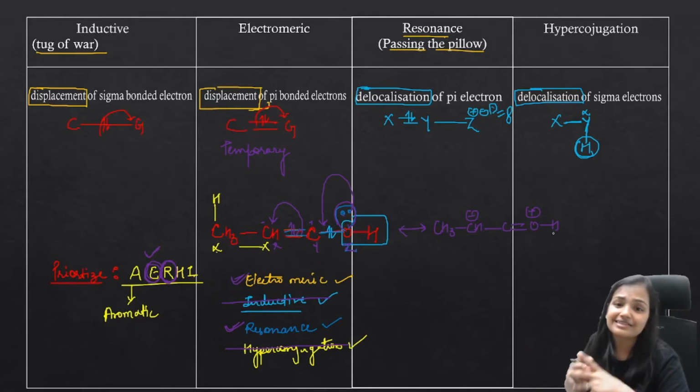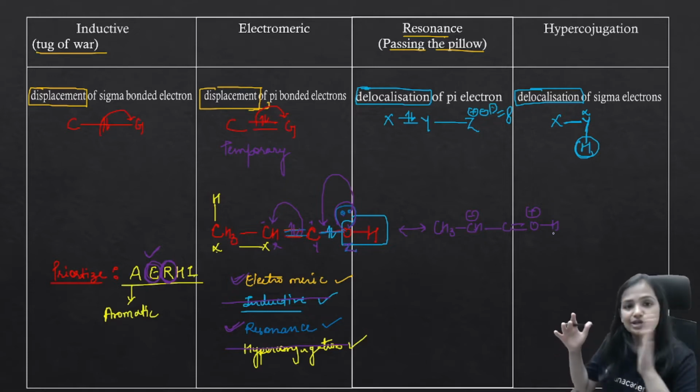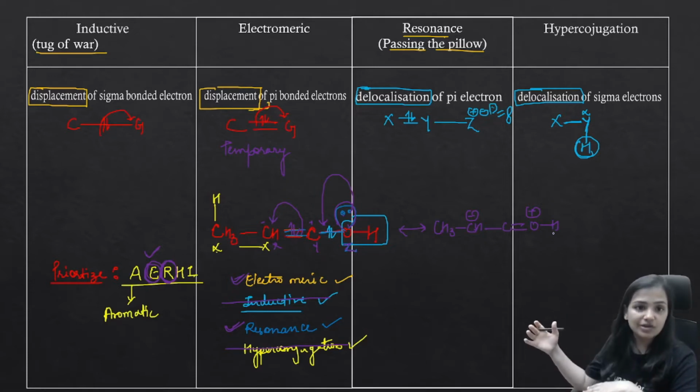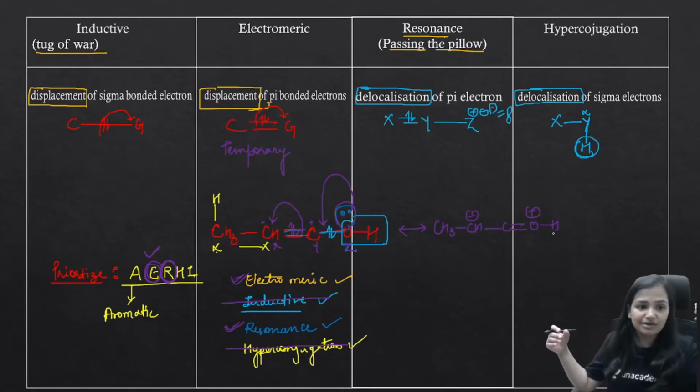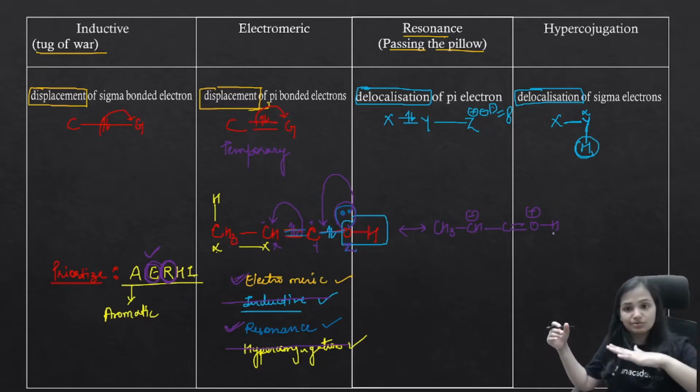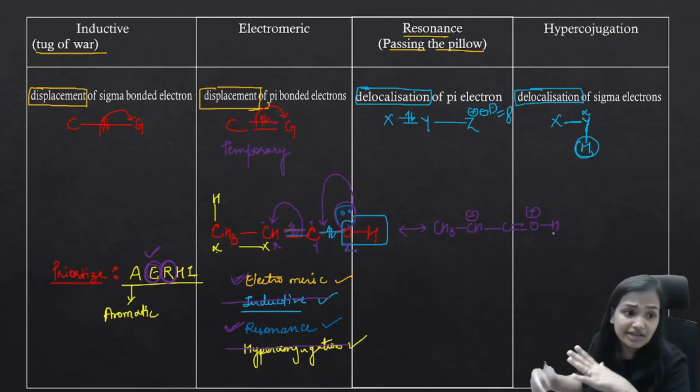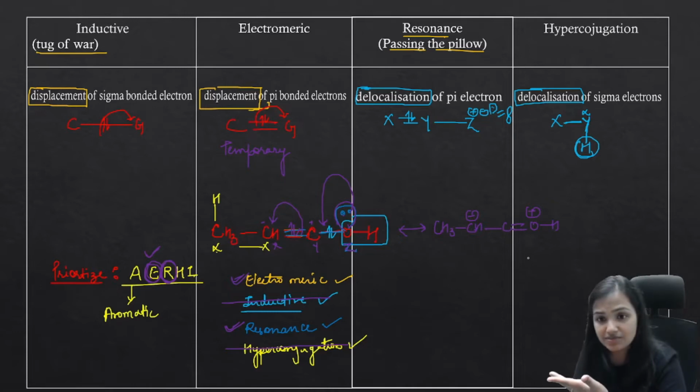So guys, this is it for today's class. I wanted to tell you about the difference between all these things. If you just focus on the definitions, which is the effect of a sigma bond, which is the effect of a double bond, which is the effect when 3 atoms are required, when 4 atoms are required.